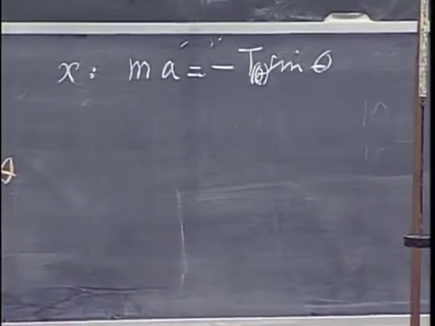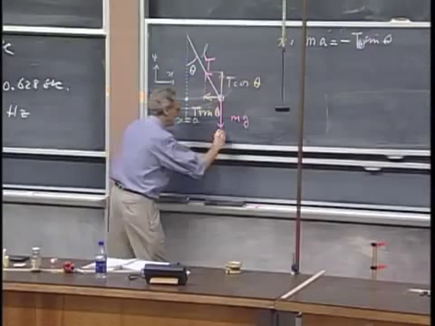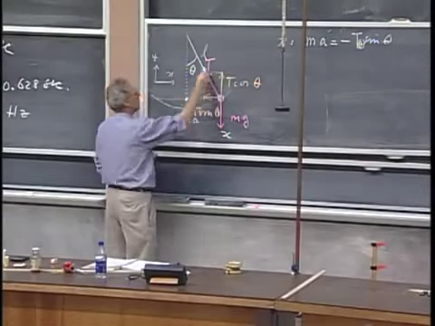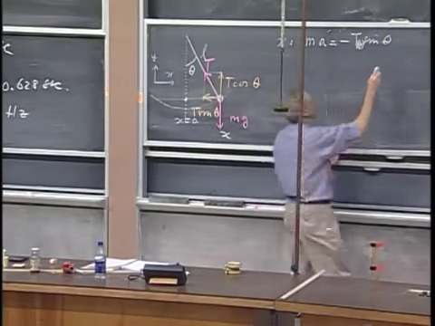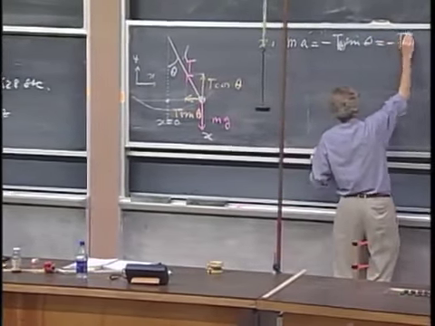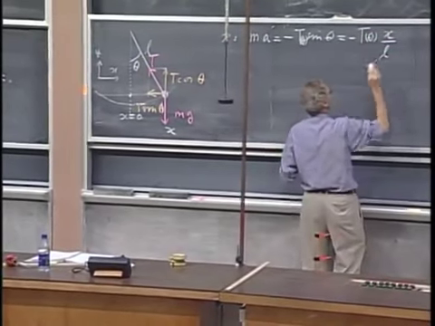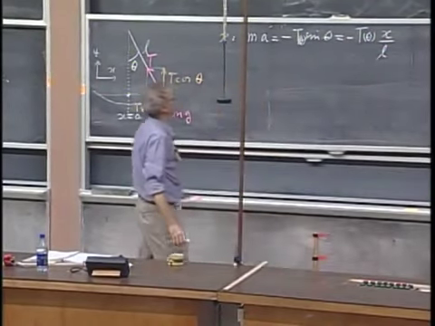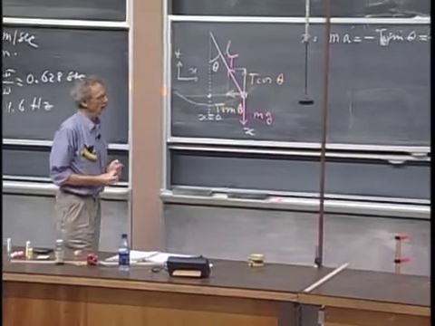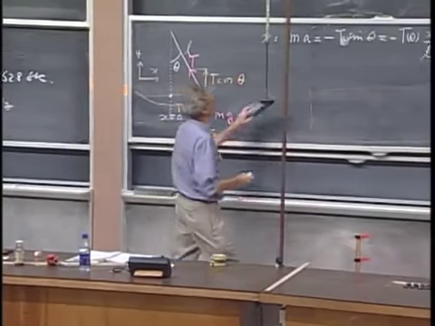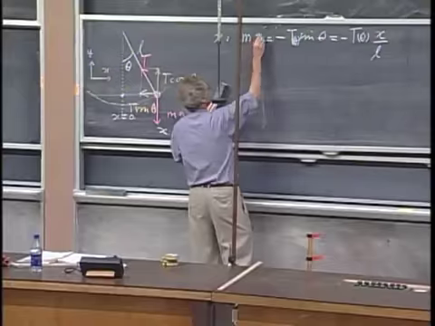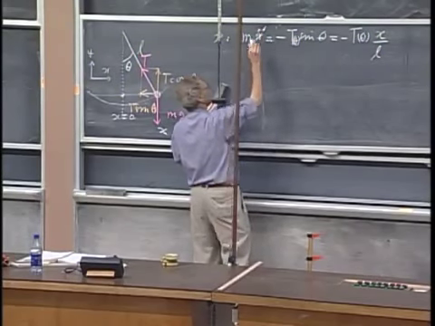The sine of theta equals x, if it's here at position x, divided by L. And so I can write for this minus T, which may be a function of theta, times x divided by L. That is my differential equation in the x direction, and I prefer always for this a to write down x double dot.